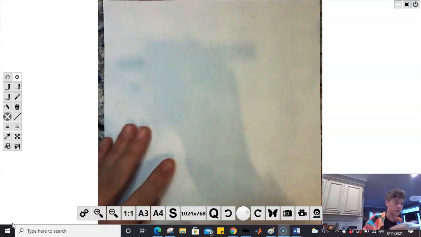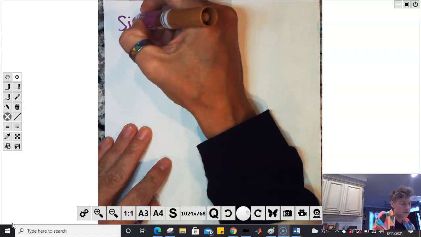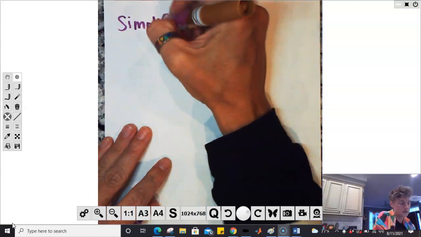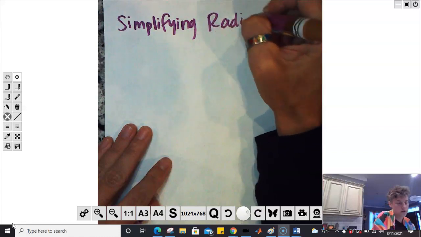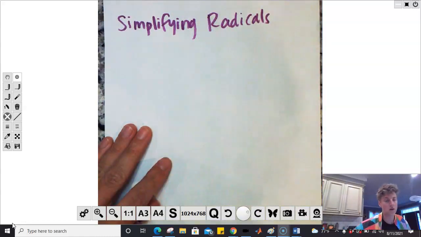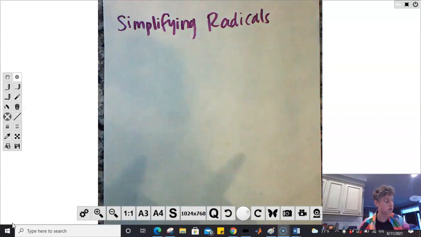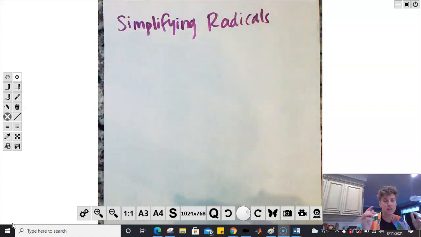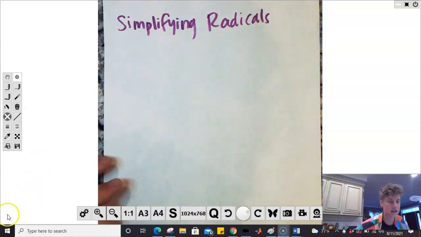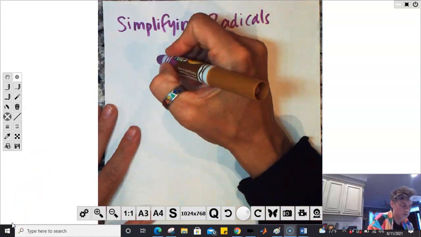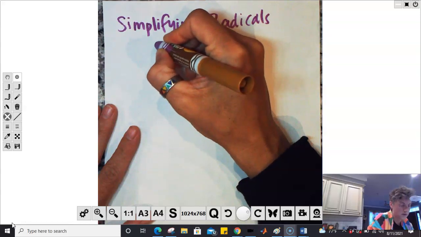There we go. Paper is centered. Simplifying radicals. All right, so let's say we get down to the end of our problem, and we have something that says, so blah, blah, blah.